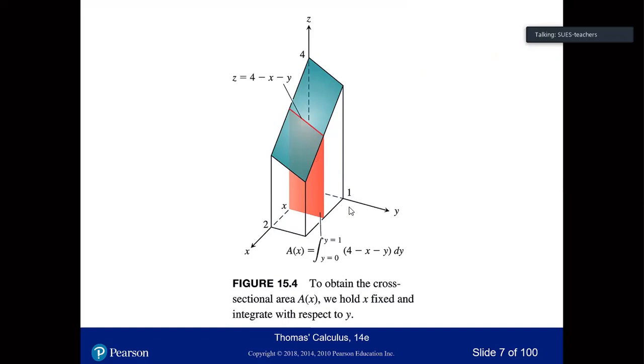Here we know how the small slice looks like. We are just trying to do the same integral, right? So we are doing the integral in two separate steps.